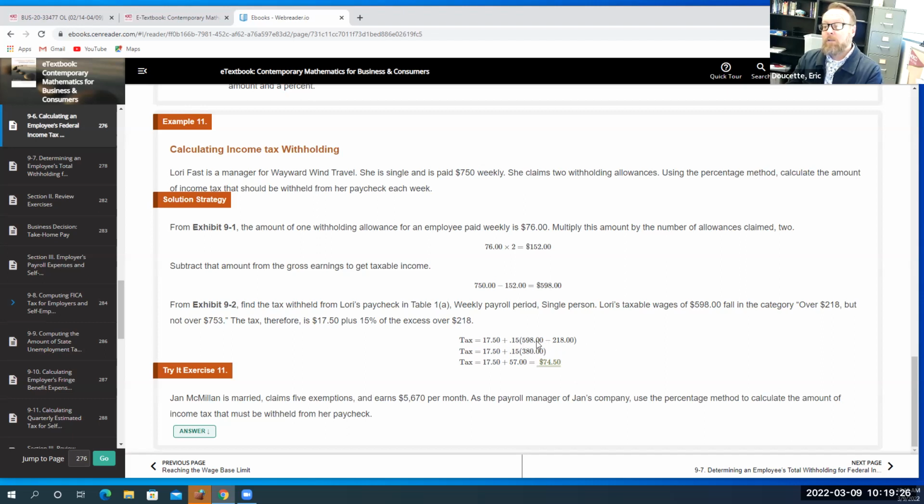So if you just do the math, the 598 minus 218 comes out to 380. So it's 1,750 plus 15% of 380. So 15% of 380 is $57. So 1,750 plus $57 comes out to an additional $74.50. So that's going to be her federal income tax.